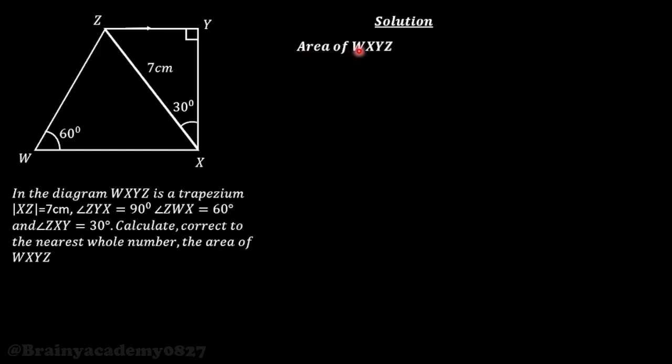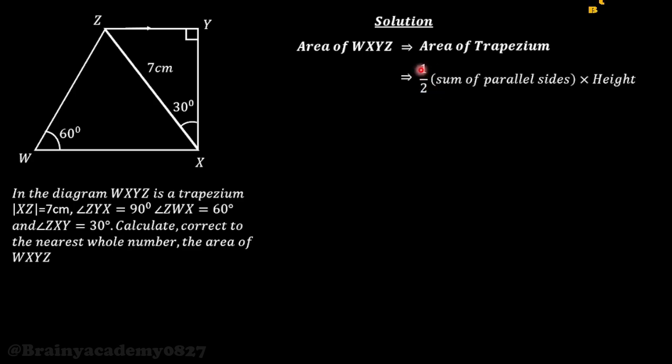The area of WXYZ, the area of the trapezium, we use the formula half times, in brackets, the sum of the parallel sides, times the height.